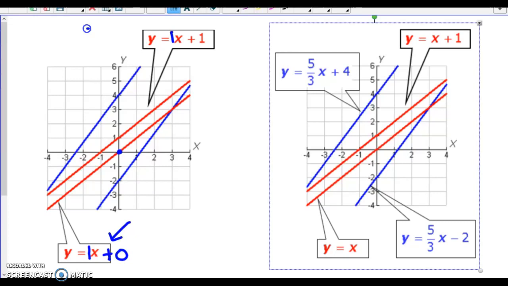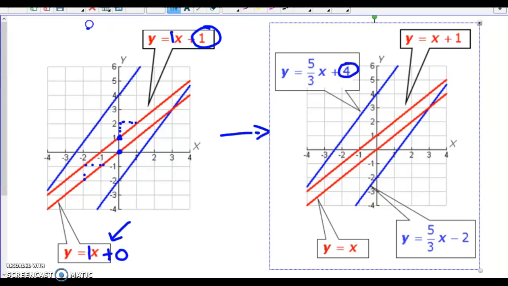Y equals 1x, and y equals 1x plus 1. This line happens to have a y-intercept of +1, and if I look at both lines, I'm going up 1, over 1. Same with the bottom line. We went up 1, over 1. And we know those lines will never intersect. In the case of the second two lines, in blue to the right here, we see a slope of 5/3.